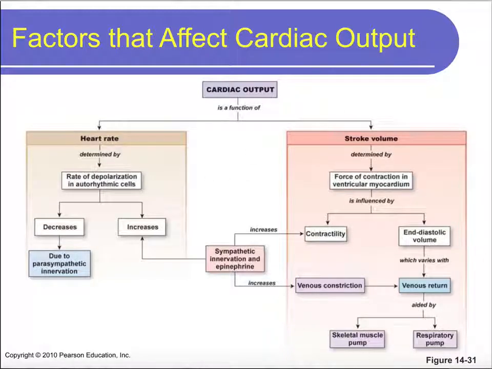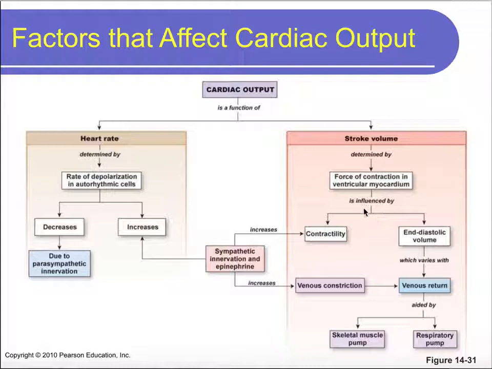Now, what about stroke volume? So lots of things influence stroke volume, the amount of blood pumped out per contraction. So it's determined obviously by the force of contraction. So we said the greater the contractile force, the greater the contractility, the greater the stroke volume. So contractility can be influenced by the sympathetic. So the sympathetic nervous system releasing, for example, epinephrine onto the muscle can cause it to contract with more force.